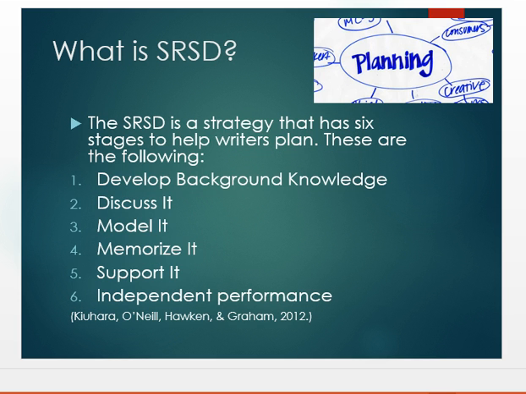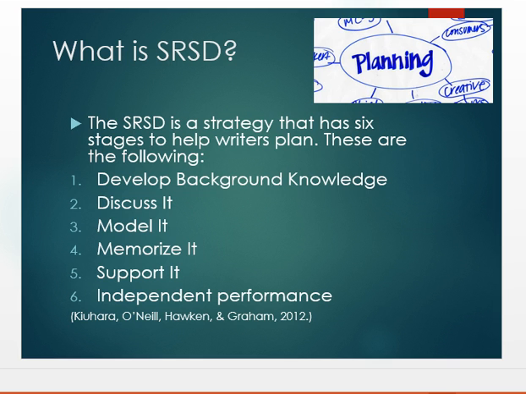So the next one we're going to talk about is the SRSD, and we have our little planning picture in your upper right hand corner to remind you of that. This strategy actually can be used not just to teach students persuasive writing, but any type of writing.